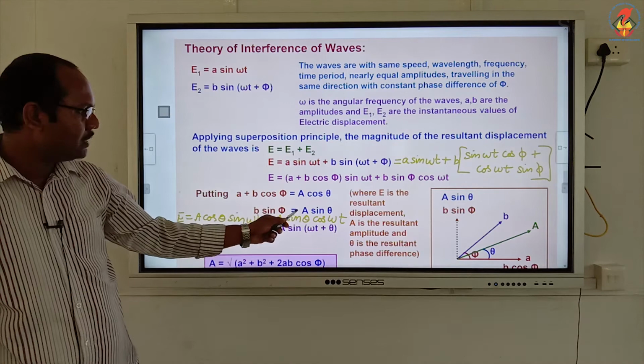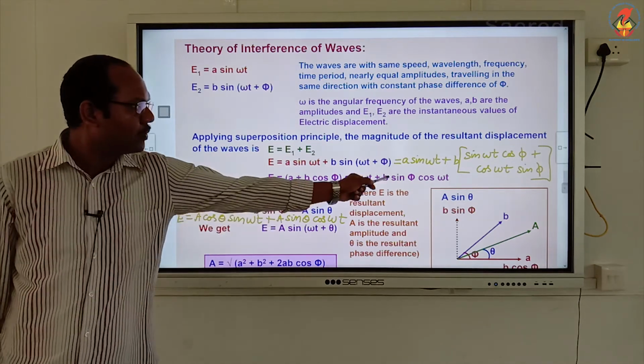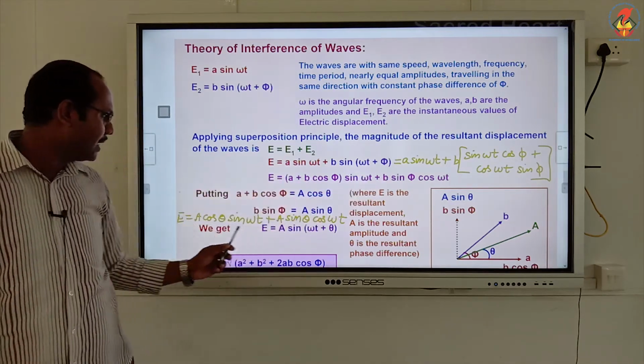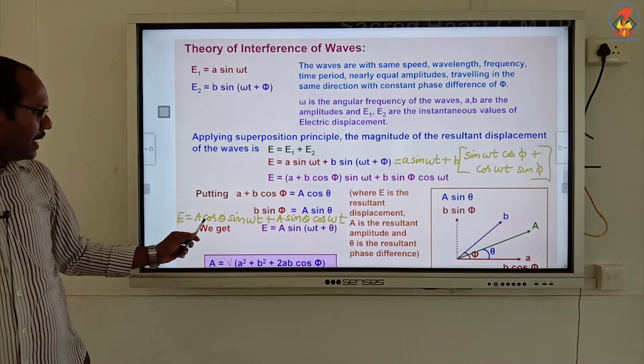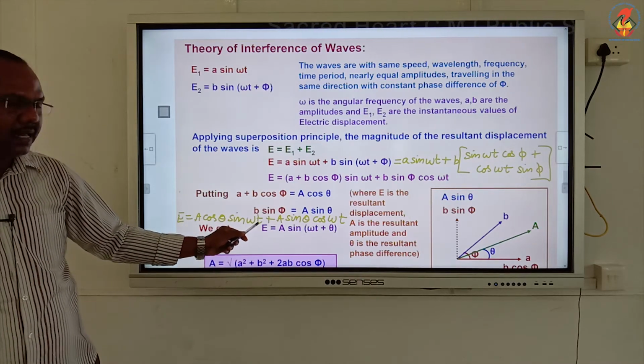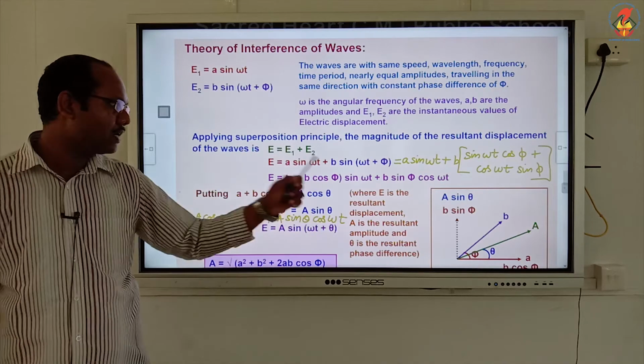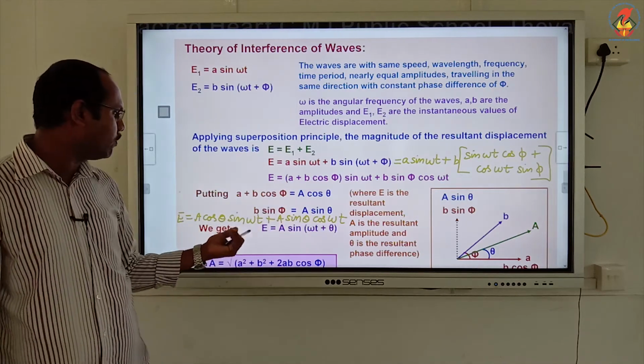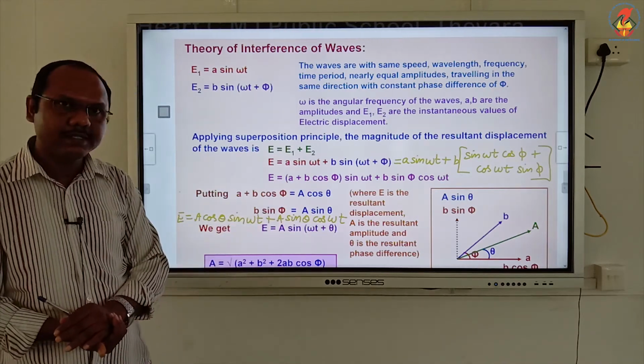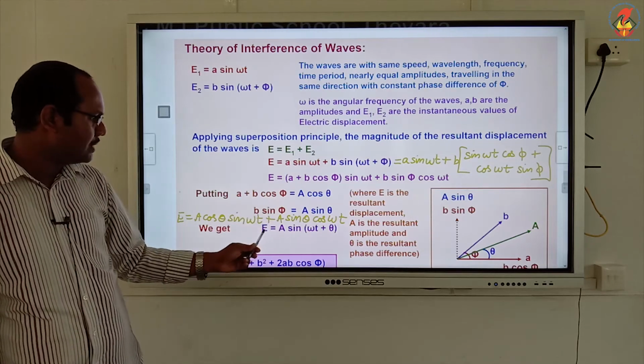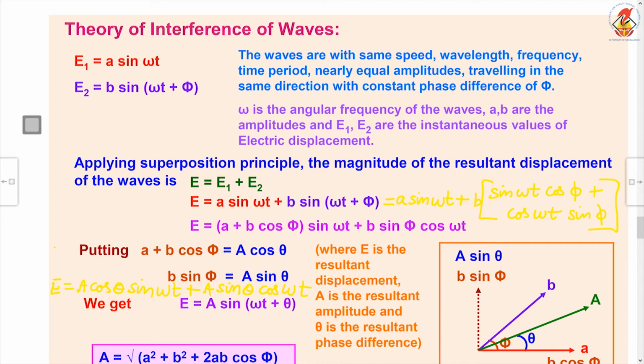So when I put these two things in the above equation, I get E is equal to A cos theta sin omega t plus A sin theta cos omega t. This is again of the form sin A plus B. Taking A common, E is equal to A sin omega t plus theta.